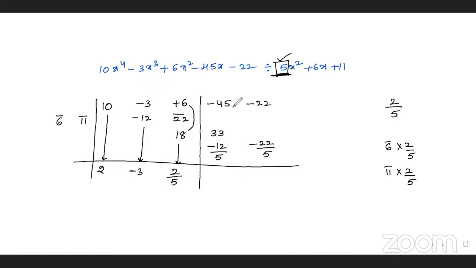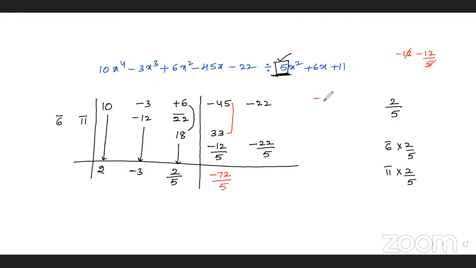Now let me solve these two things. Minus 12 by 5, so this is minus 72 by 5.